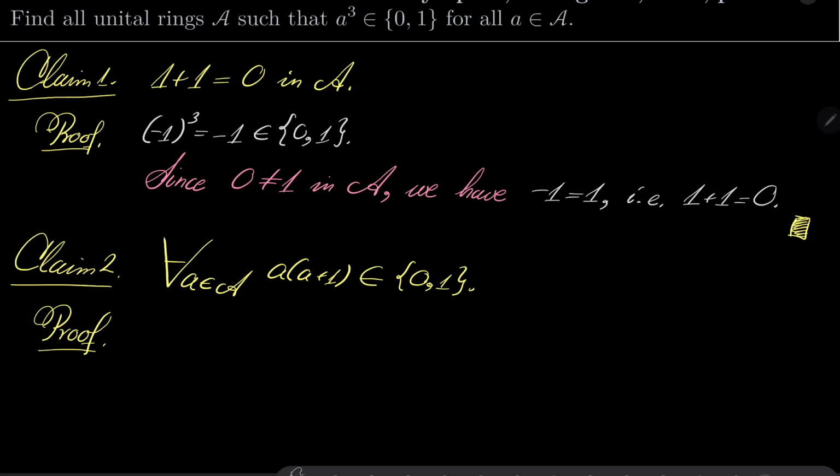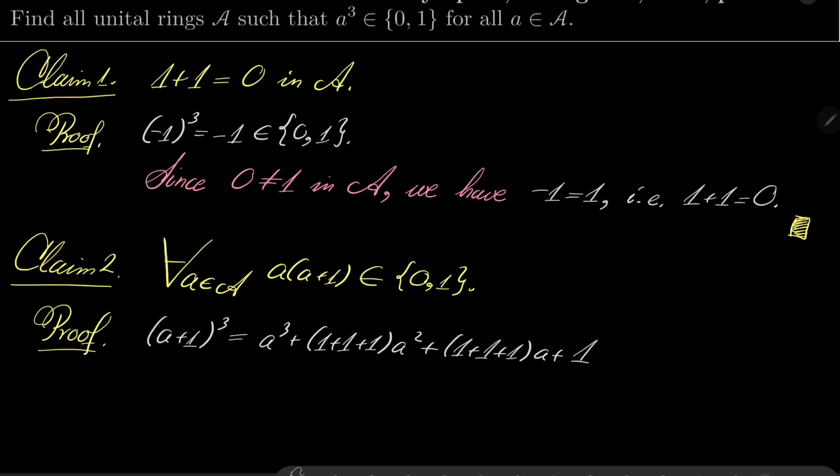Well, let's consider a plus 1 cubed. A plus 1 cubed can be written as a cubed plus (1 plus 1 plus 1) a squared, a bit artificially, but I will write it as it is, plus (1 plus 1 plus 1) a plus 1. But notice that 1 plus 1, as we know by claim number 1, is 0.